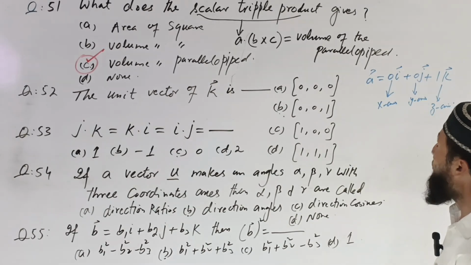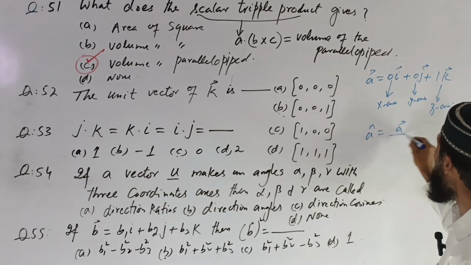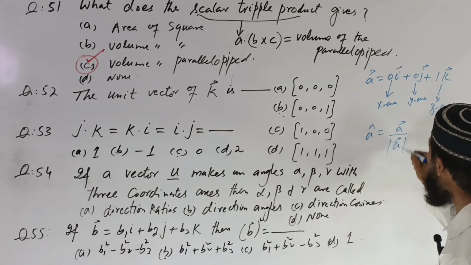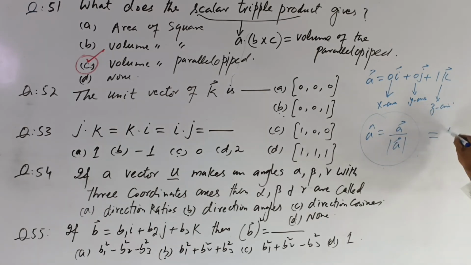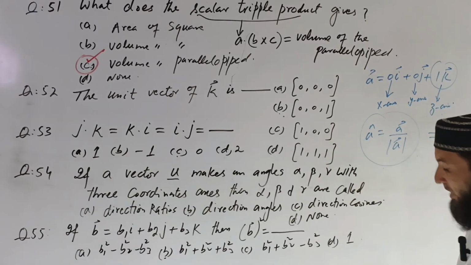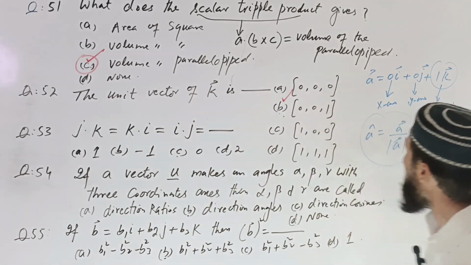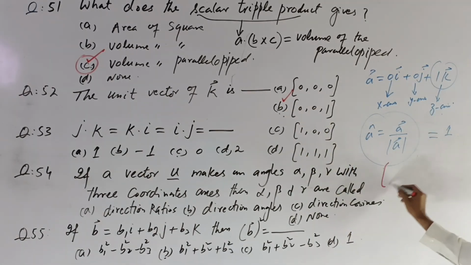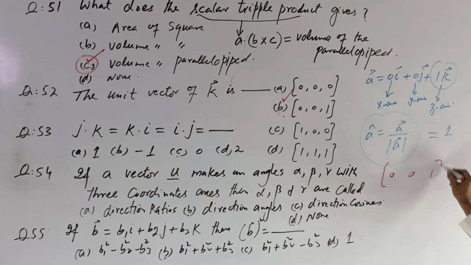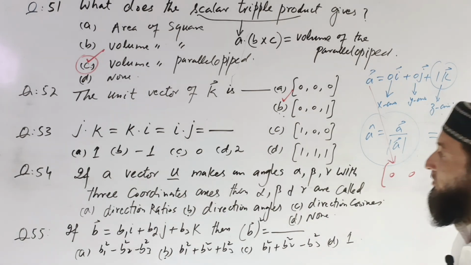So the correct answer is B, because we write it in vector form as 0, 0 and 1.